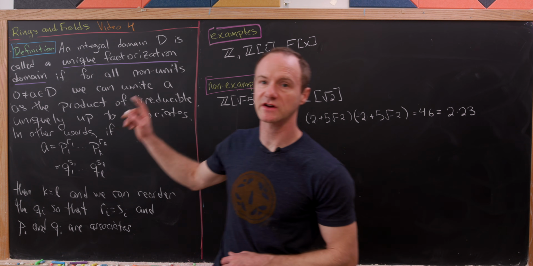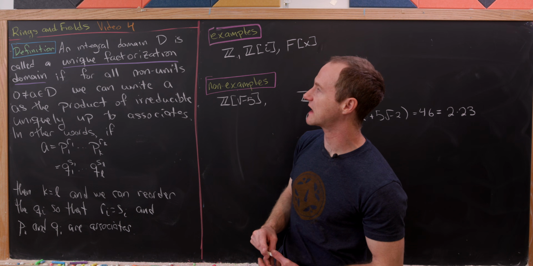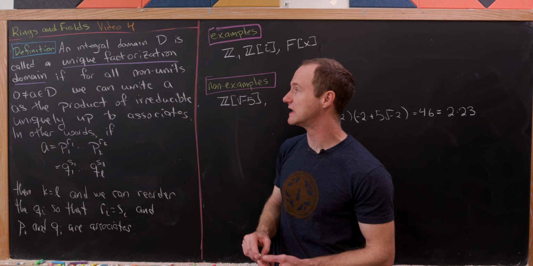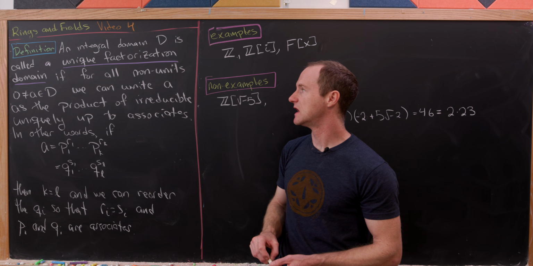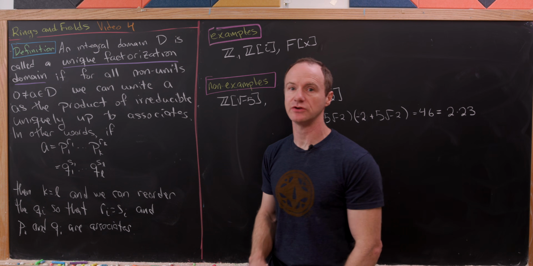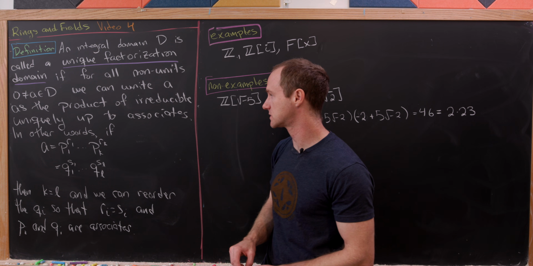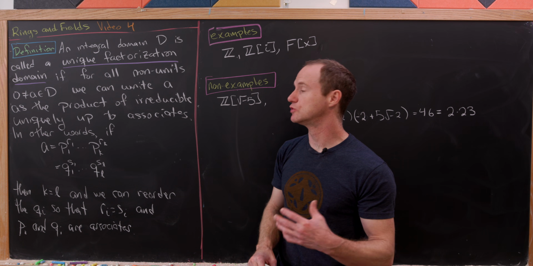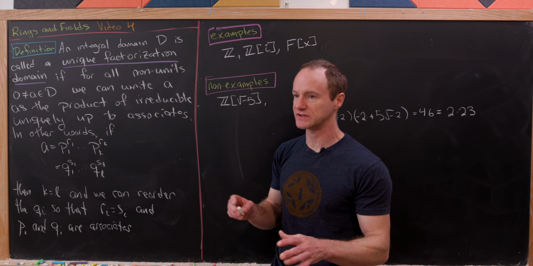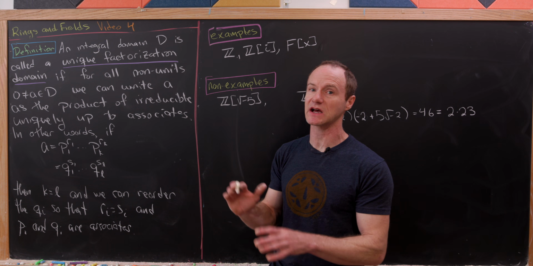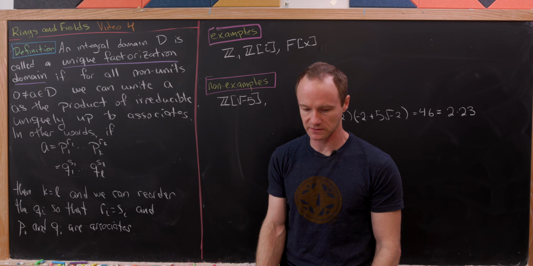Okay, so here's our definition. We say that an integral domain D is a unique factorization domain if for all non-zero non-unit elements a, we can write a as the product of irreducibles uniquely up to associates. So that factorization into irreducibles is unique up to them being associates of each other.